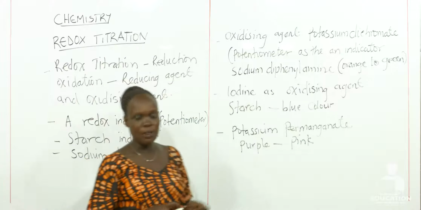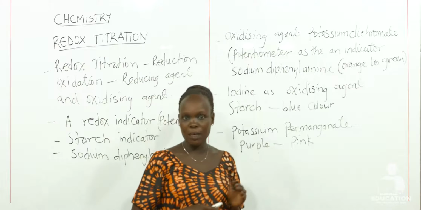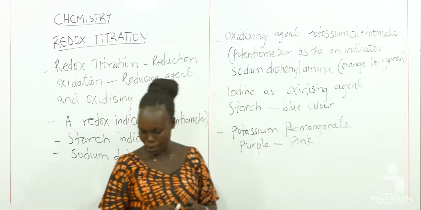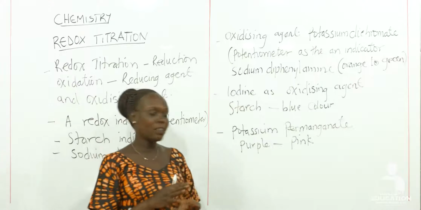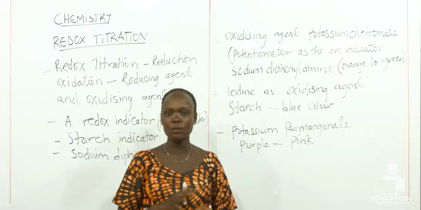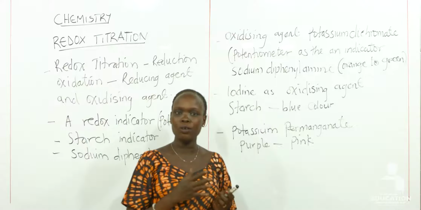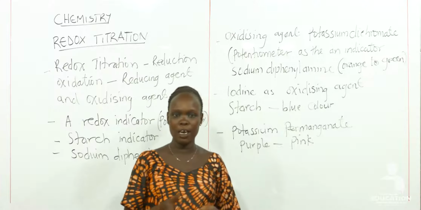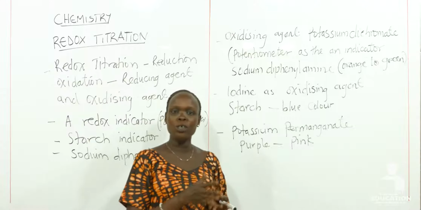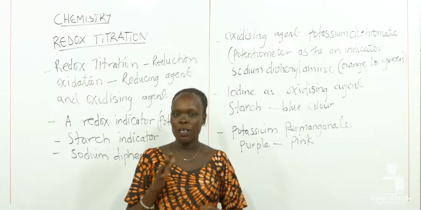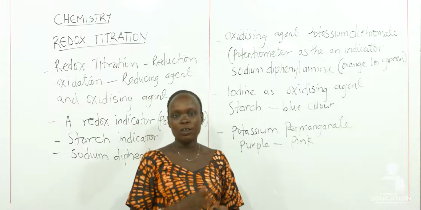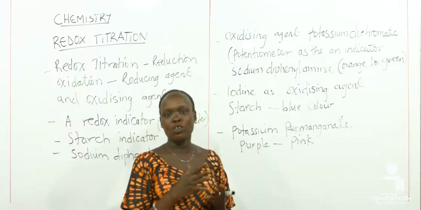For example, you can have an experimental example. Our usual experimental example, of course, is when you are standardizing a solution. At the end you want to achieve something, so you need to know the number of moles that reacted, and also the concentration of the reagents, or of the ions that you have used.